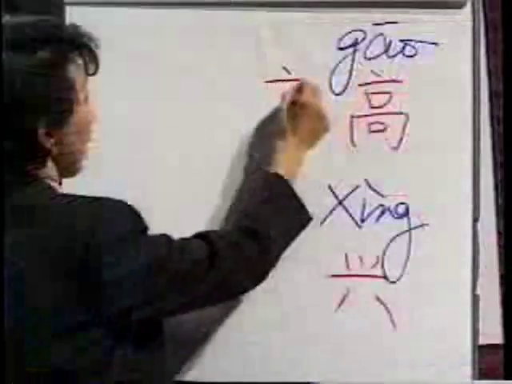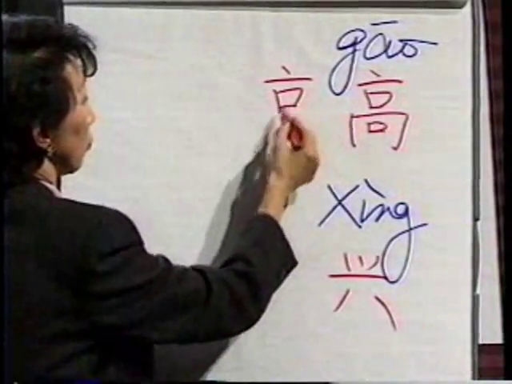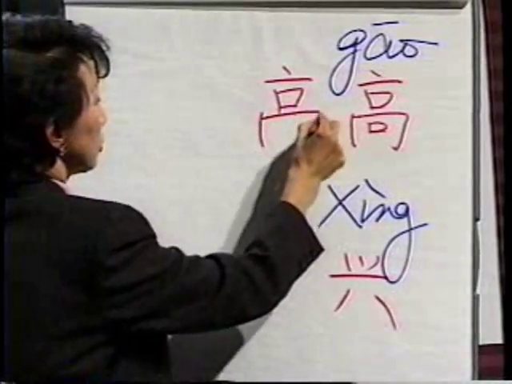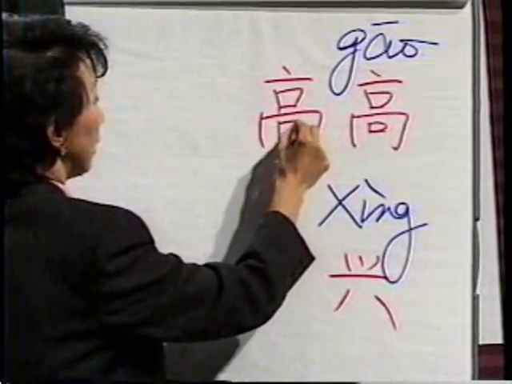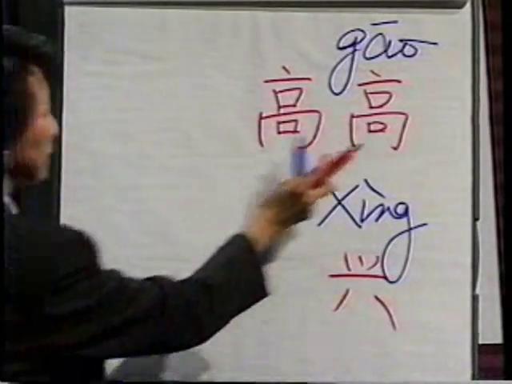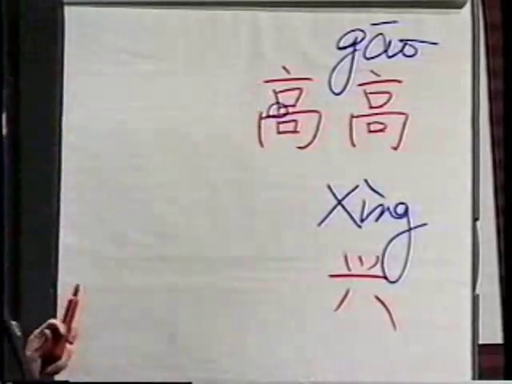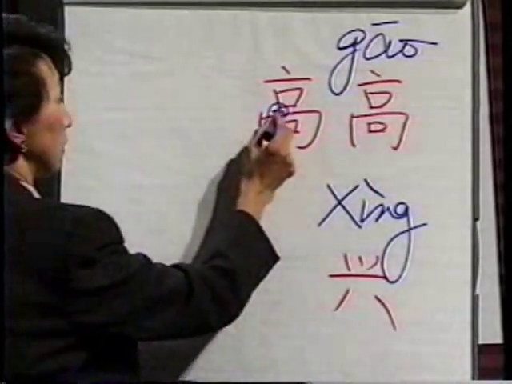高, write together. 1, 2, 3, 4, 5, 6, 7, 8, 9, 10. Are they exactly the same? Yeah, I made a mistake here. This line is too long, so I don't want that. So this is not good.